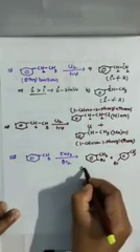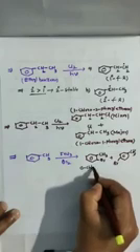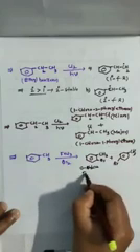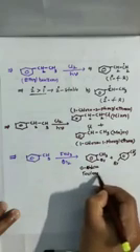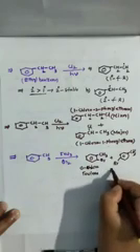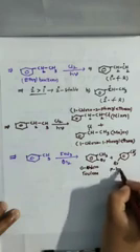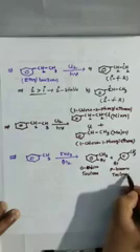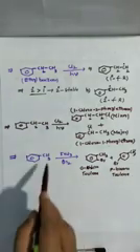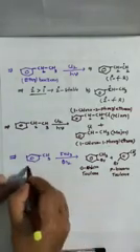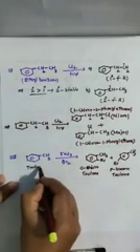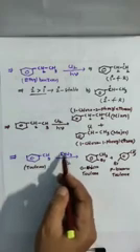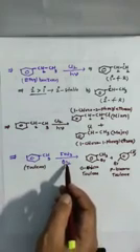This is bromotoluene. Orthobromotoluene. This is parabromotoluene. Means when toluene is subjected to halogenation in the presence of FeCl3 Lewis acid with halogen.